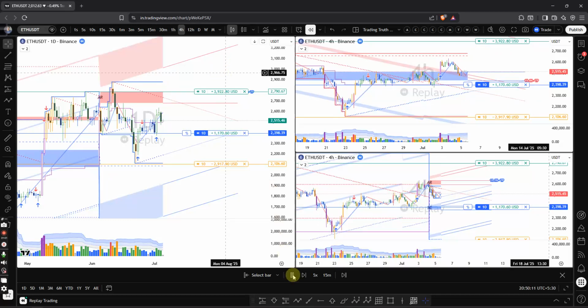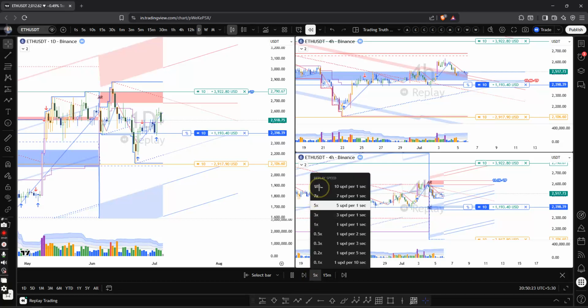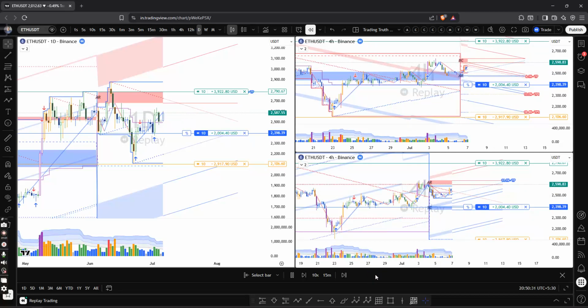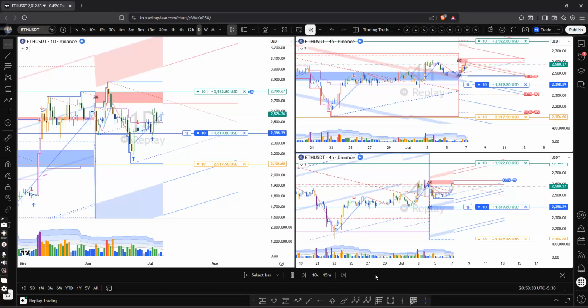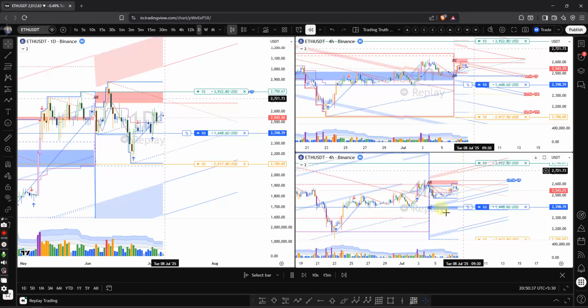I'll speed things up. See, support, resistance, overcoming, pullback, boom.